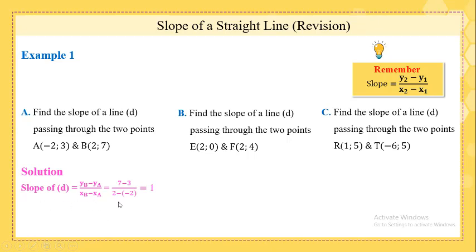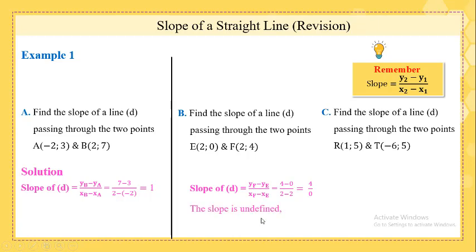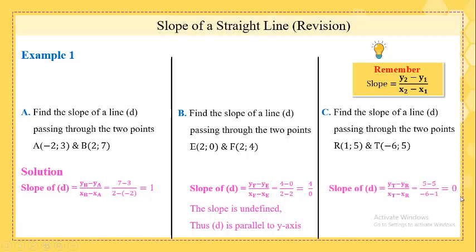In the first example, by calculation, the slope equals 1. In the second example, the slope equals 4 over 0. In this case, the slope is undefined, so the line is parallel to the y-axis. In the third example, the slope equals 0, so the line is parallel to the x-axis.